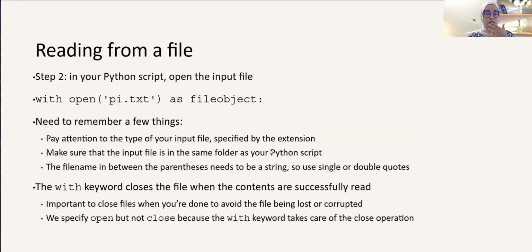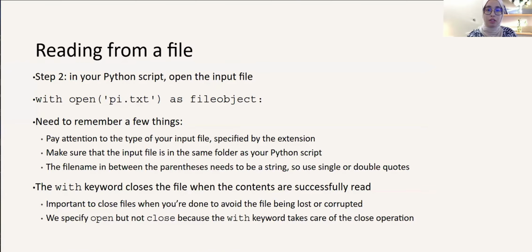You need to use with open, and then you specify your file name with the extension .txt as a file object. So it's going to be opened as a file object.